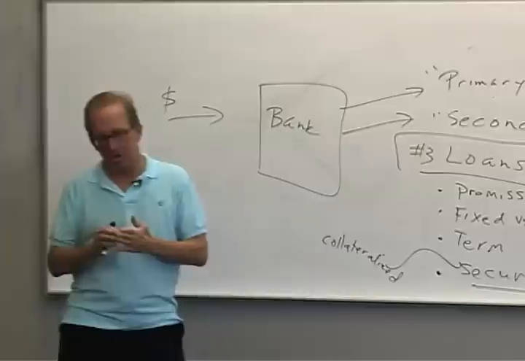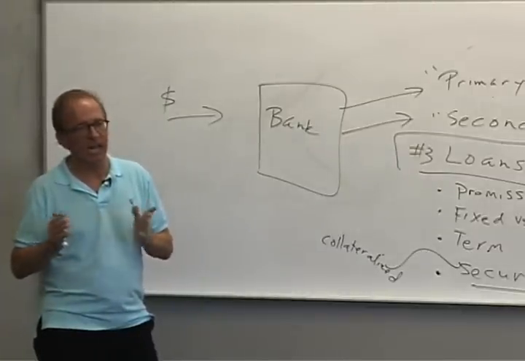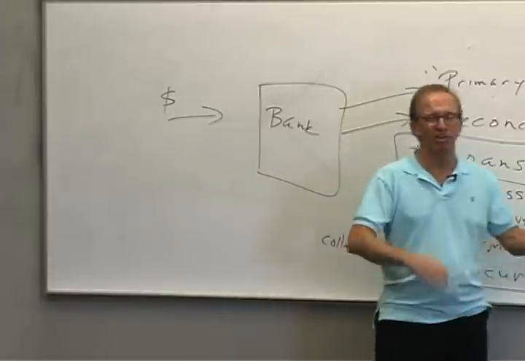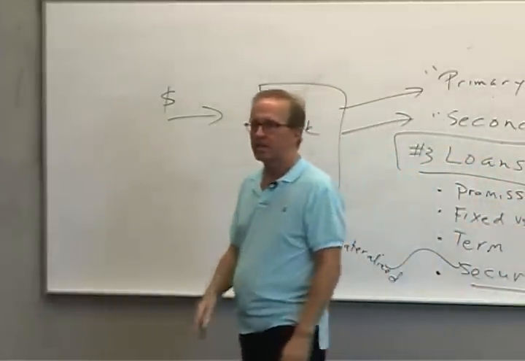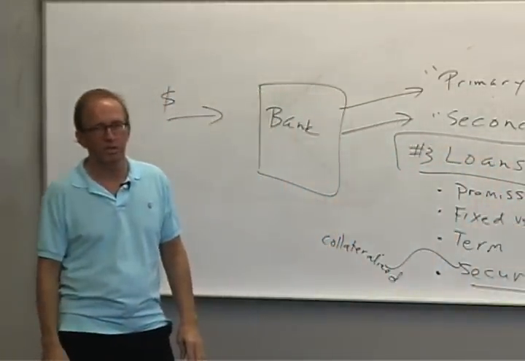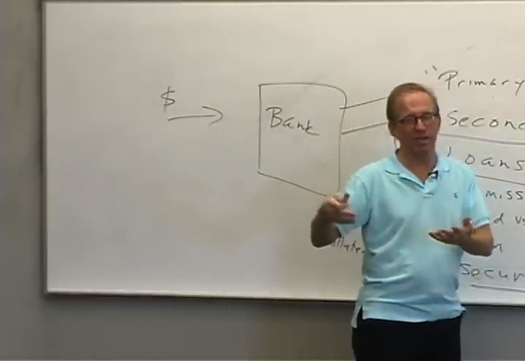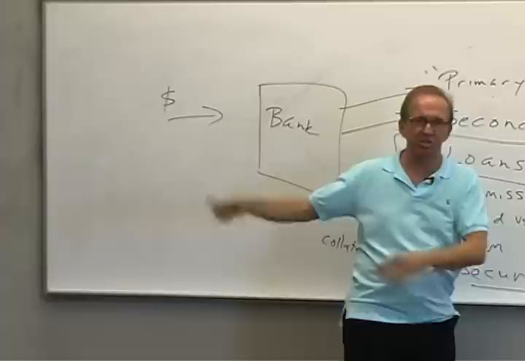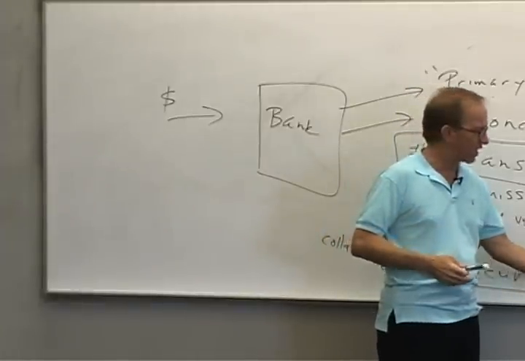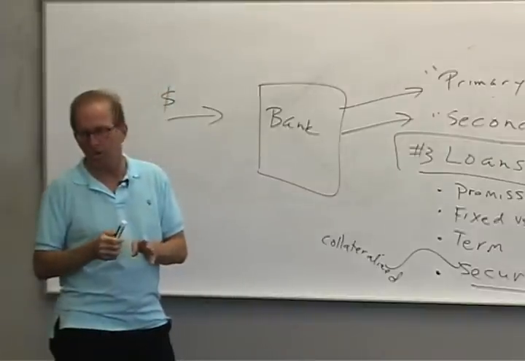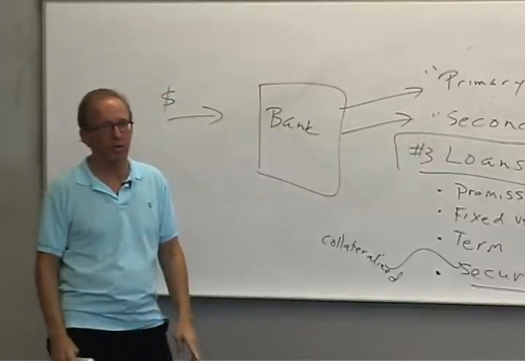And a lot of us can't get loans of any size with just a signature. Very often the people who can do that are already somebody who's rich. That's a low risk situation anyway. So a wealthy person might go down and say, I don't have a lot of cash, but I have a lot of assets, just not liquid assets, and get a loan and maybe not provide any security just because it's known that they're a low risk, and then they might get that loan at a low interest rate.